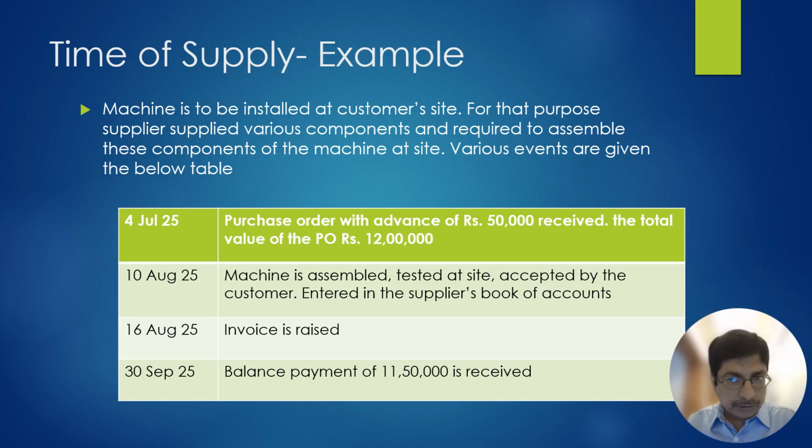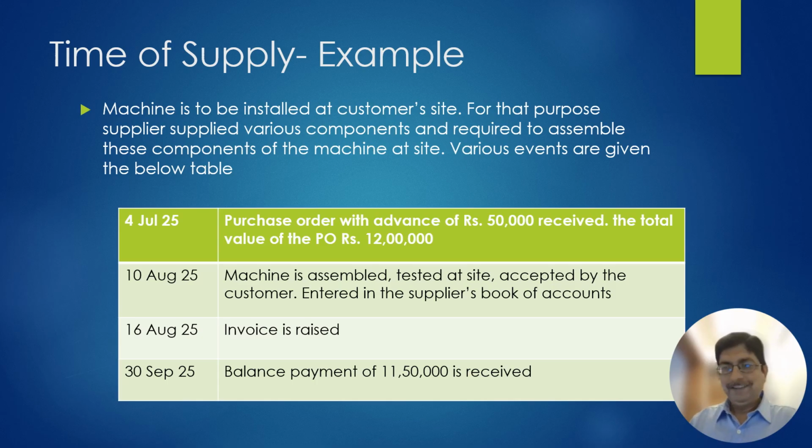So according to section 31 of the CGST Act, the invoice is to be issued on or before 10th August. But you raised the invoice on 16th August, so you ignore the date of invoice. So the time of supply is 10th August, because that is earlier than the payment received on 30th September. And on 10th August, the time of supply is for the entire consideration of 12 lakh.